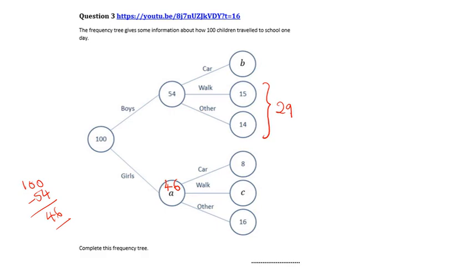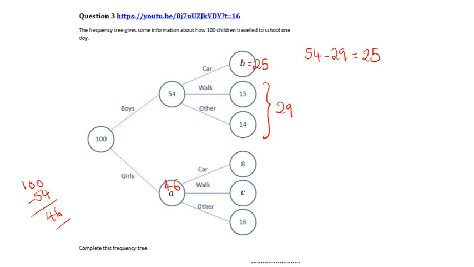So we need here to work out 54 minus 29 to find B. If I'm subtracting 29, what I can do is subtract 30 and then add 1 back, and that will give me 25. 54 take 30 is 24, add back 1, 25. So B equals 25.